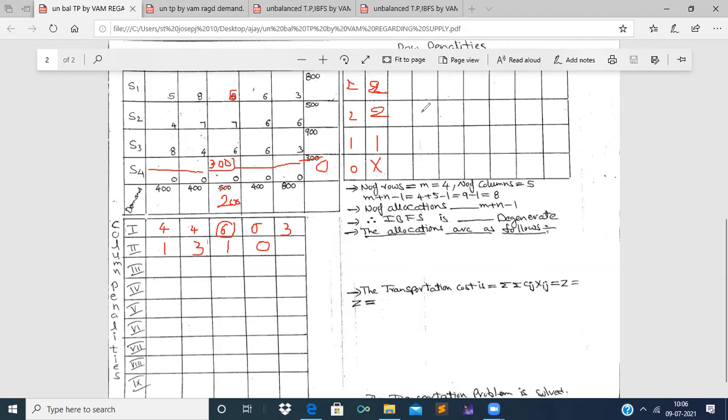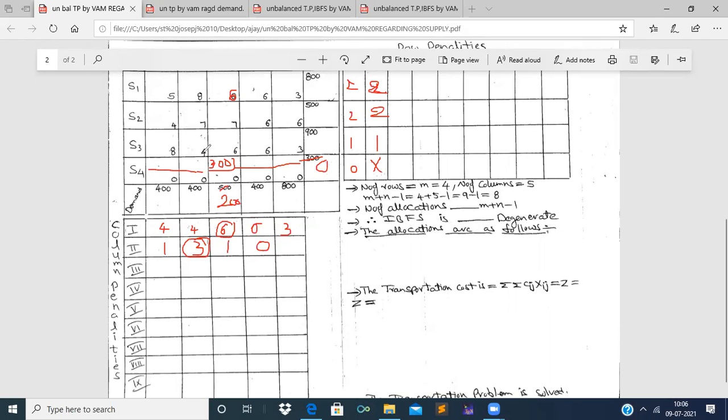So now let us find out the row and the column penalties. Now, the greatest penalty is 3. We put this 3 in a block and enter into its column. That is, we select the least cost in its column, that is 4. 4 is the least cost.